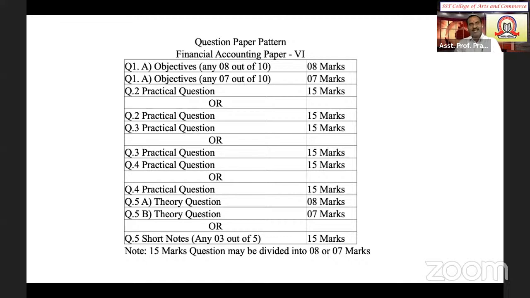Question number 5 is theory questions or short notes. For every practical question you have an option, so you can choose one of them. Sometimes the university will ask a 15-mark practical question divided into an 8 and 7 marks pattern.